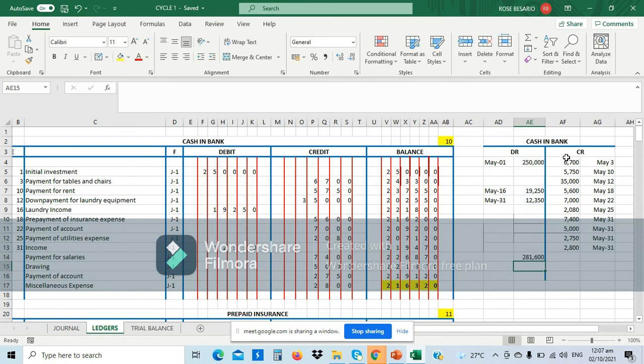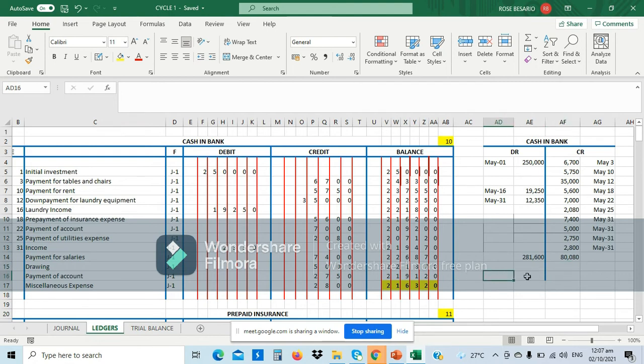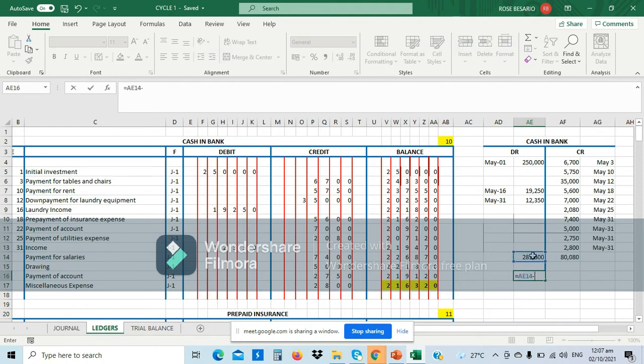Then the total credit is equal to 80,000. I hope we get the correct figure here. So balance should be equal to this one minus this one. Oh, we don't get the correct amount.